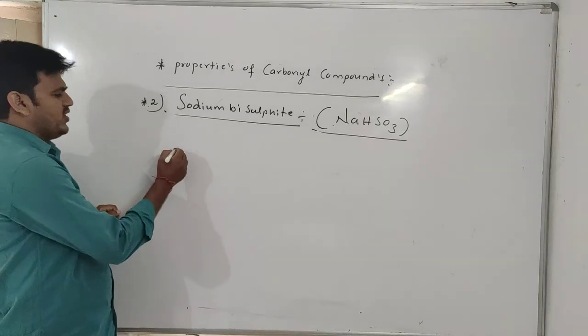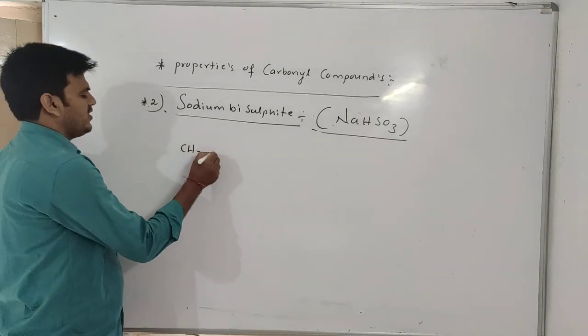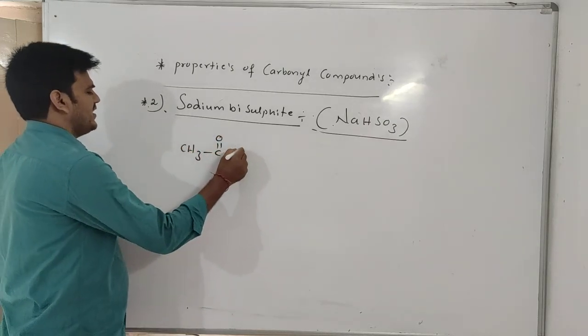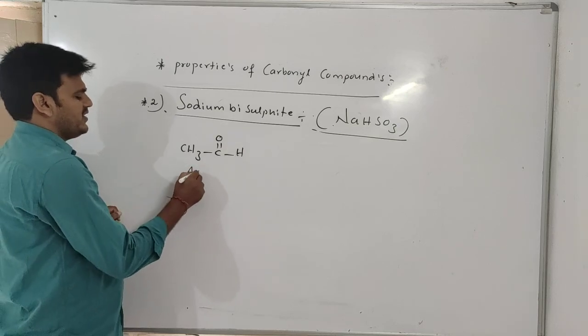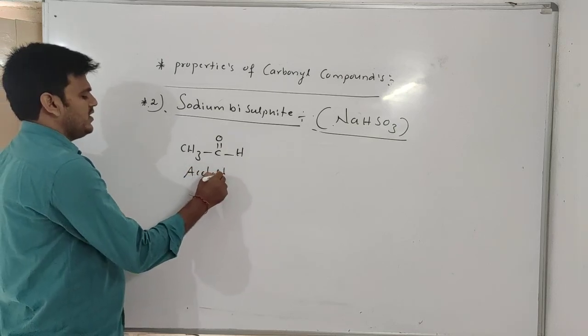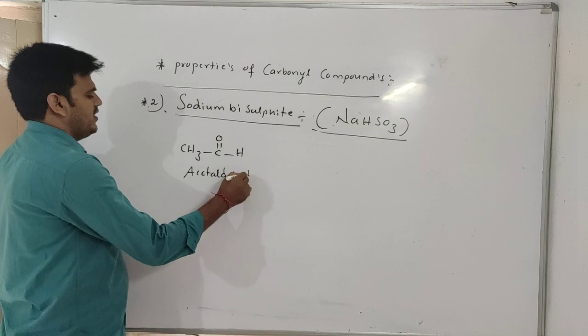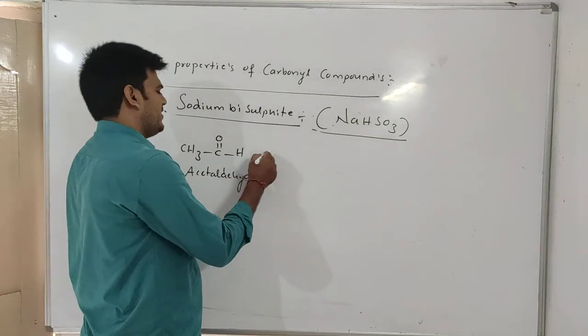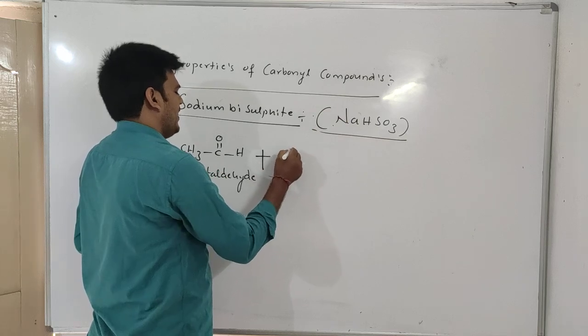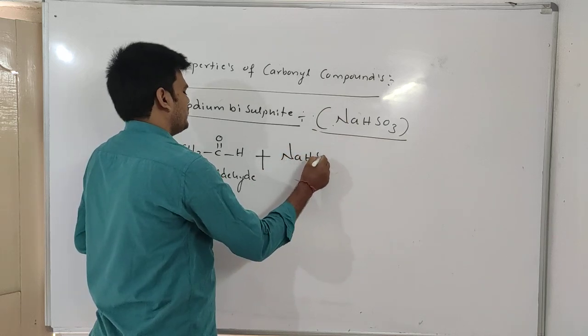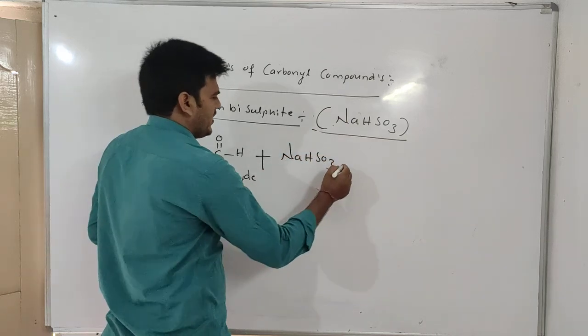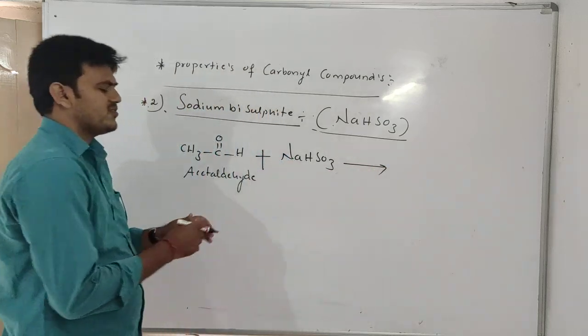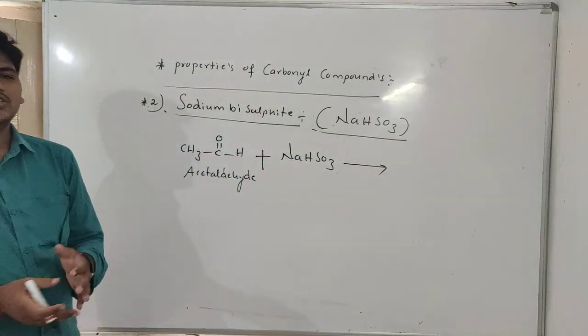So first of all, acetaldehyde, one of the carbonyl compounds, formula CH3C=O H. So this is acetaldehyde, CH3C=O H, plus sodium bisulfite, NaHSO3. So this is also one of the addition reactions.